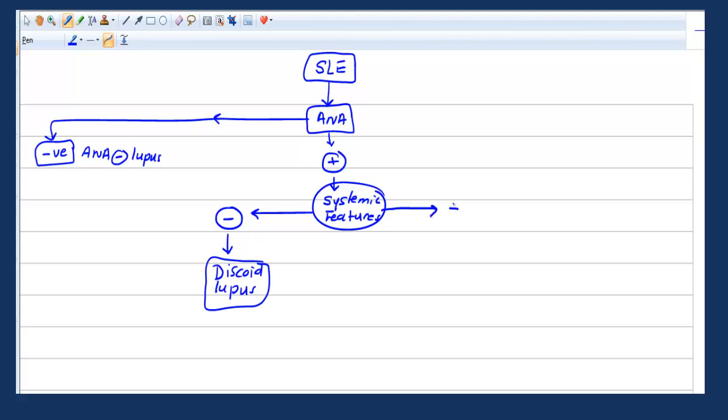Now systemic features positive, this is our big category, and you will divide it into another two types. Once you see systemic features positive, go with renal and CNS features. If renal and CNS are positive, you are talking about spontaneous lupus, which is basically the regular one. If renal and CNS are negative, you are talking about drug-induced lupus.